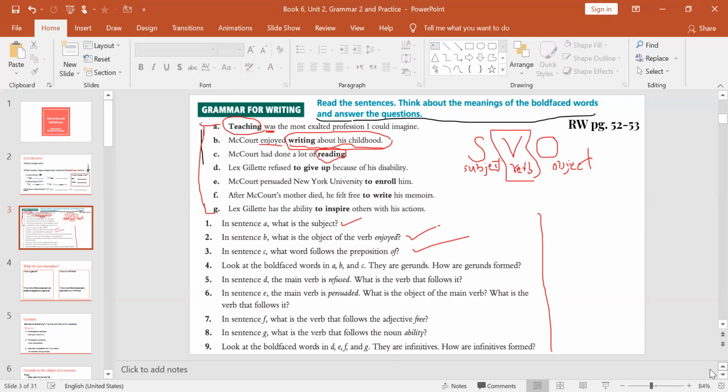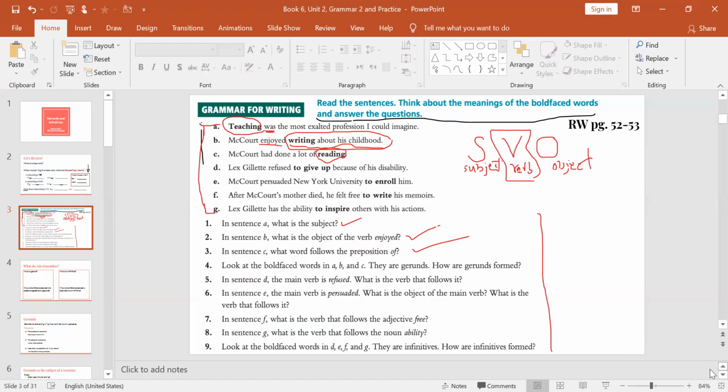D, Lex Gillette refused to give up because of his disability. Sorry, let me look at 4. Let's look at the next question. Look at the bold-faced words in A, B, and C. They are gerunds. How are gerunds formed?